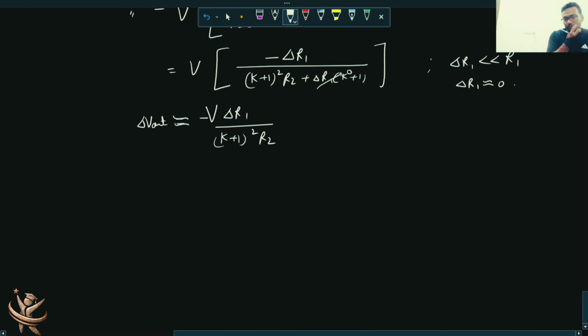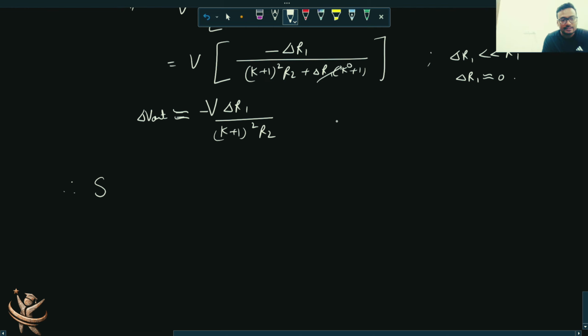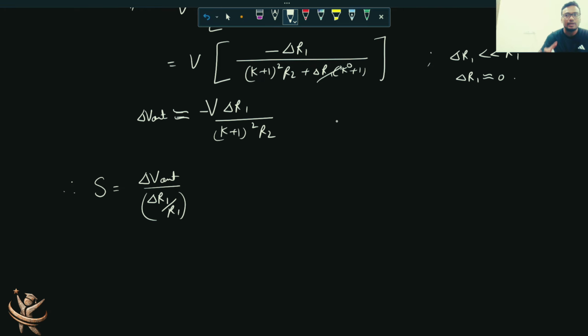That is the approximated value. Then finally, sensitivity will become, what was the formula? Delta V out by delta R1 by R1 you have to take. That is the fractional change in that resistor which you are changing. Correct?